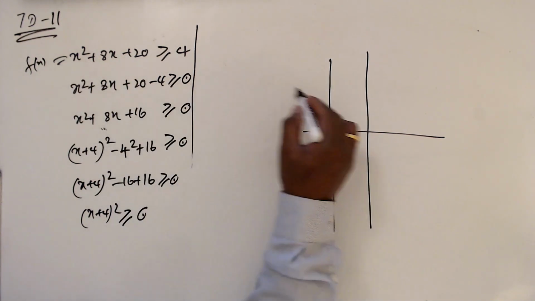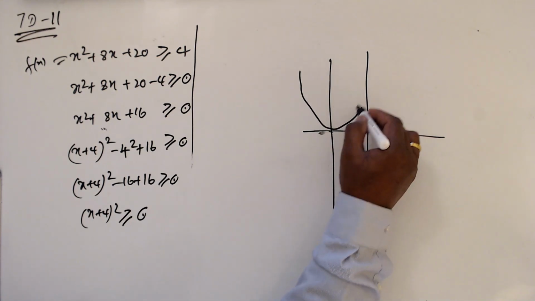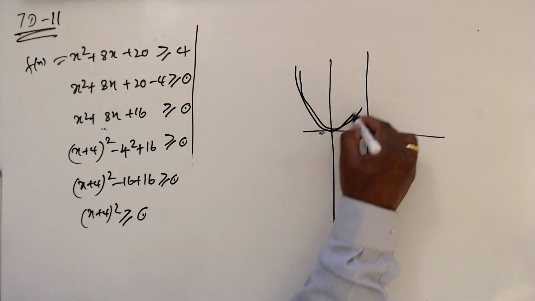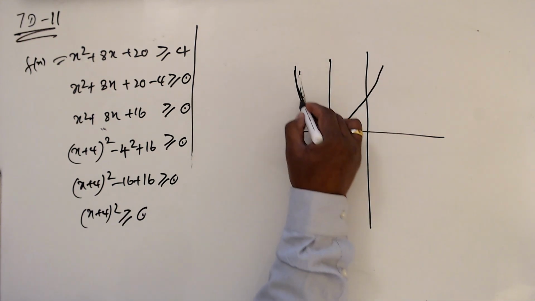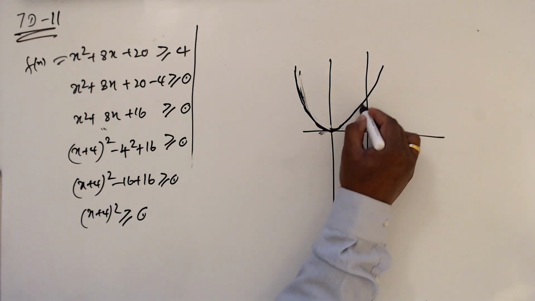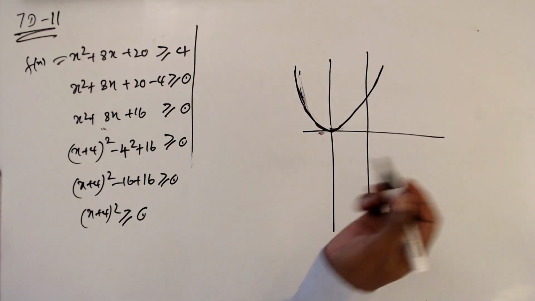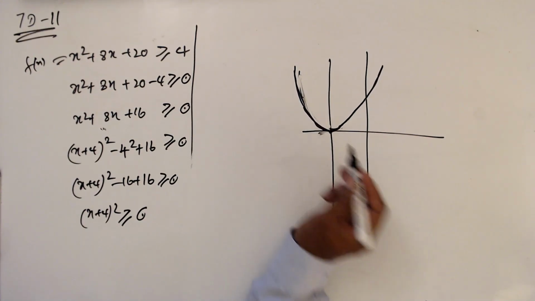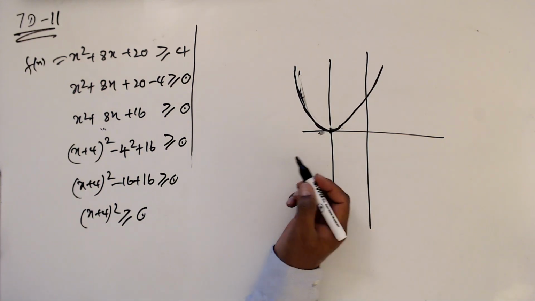This is a minimum graph. So it can be 0 as well here. So from the graph, the minimum value is 0.